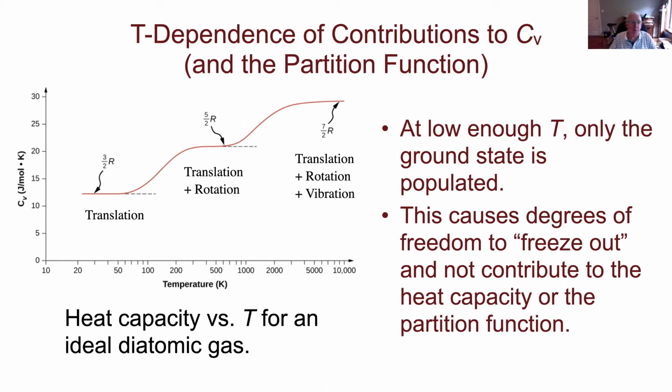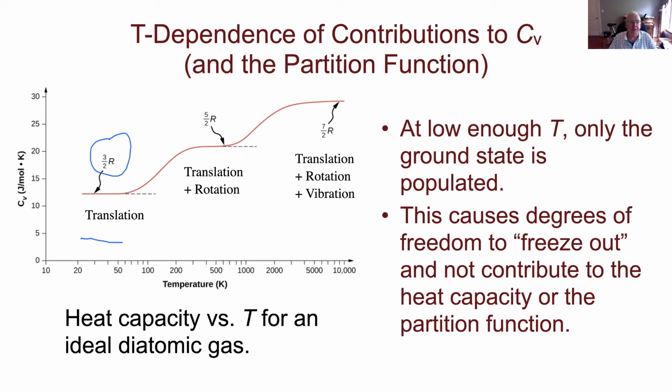Start at very low temperature. In this case, anything below 50 Kelvin looks like low temperature. Down there, my graph is labeled to say the heat capacity seems to be flat, and it's equal to 3/2 R. That 3/2 R corresponds to the heat capacity of a monatomic ideal gas.